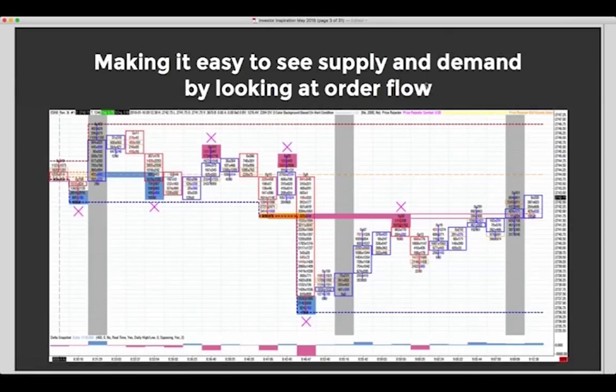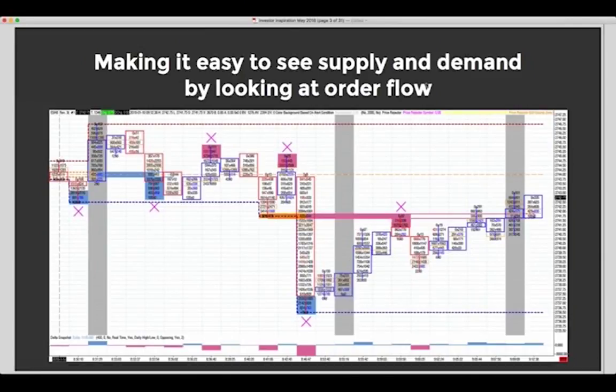Now, at Emoji Trading, we try to make it as easy as possible to see the supply and demand that's within the market by looking at the order flow in the market. Why is this important? Well, as day traders, we want to be on the right side of the market. So we want to be aligned to the more powerful supply or demand.